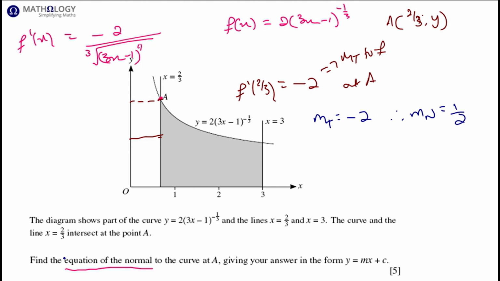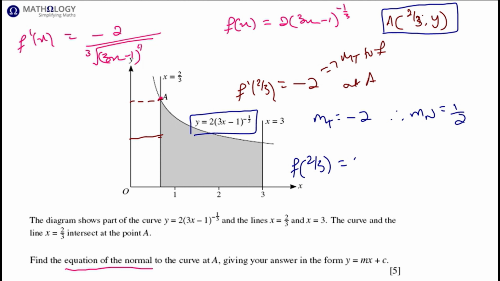Now, to find the equation of the normal, we are going to need to know what the y-coordinate of point A is. So to do that, we're going to substitute A's x-coordinate 2/3 into the curve f of x. So f of 2/3 equals 2 times (3 times 2/3 minus 1) to the power of minus a third.